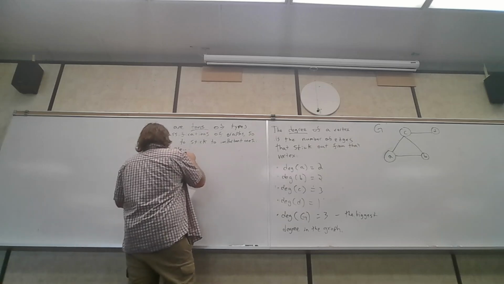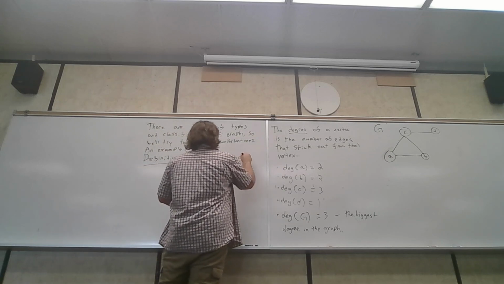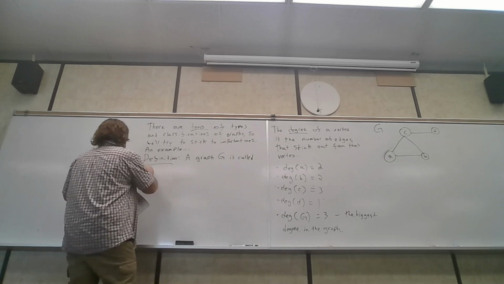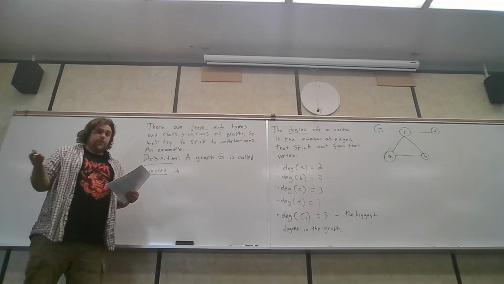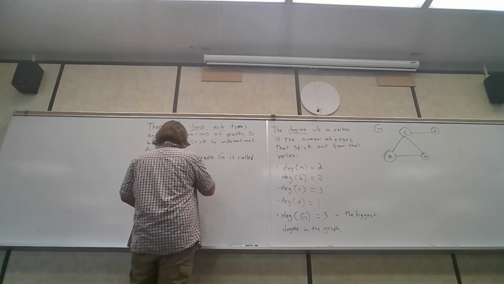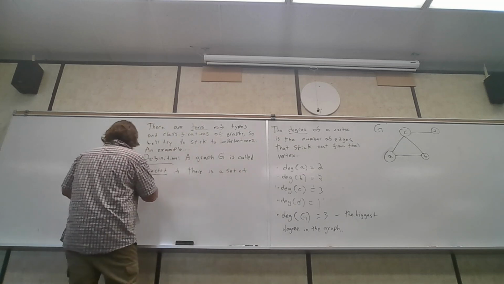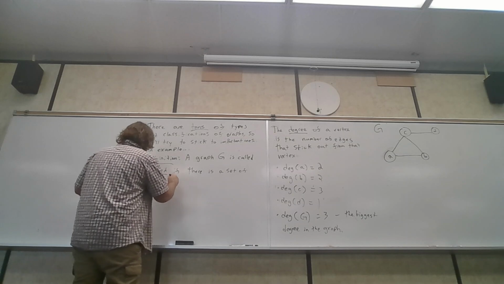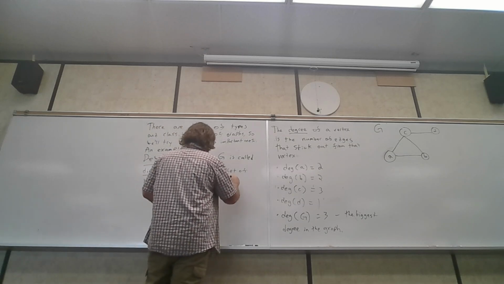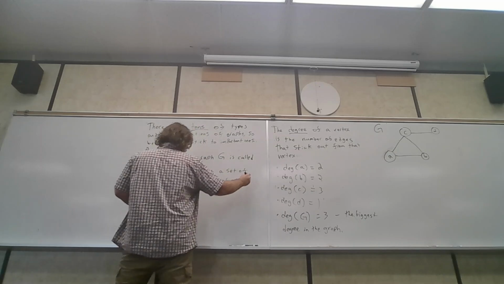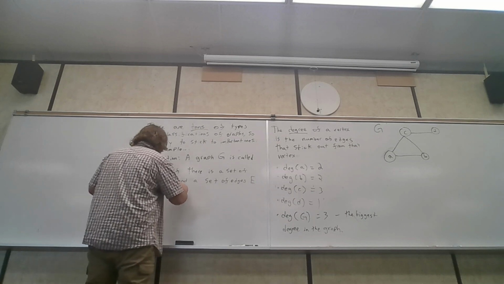So a graph, we'll call it G, is called directed if you have a set of vertices and a set of edges E, which are now ordered pairs.